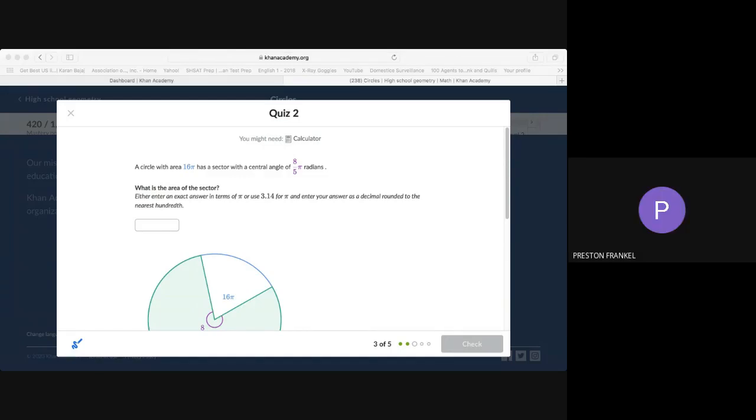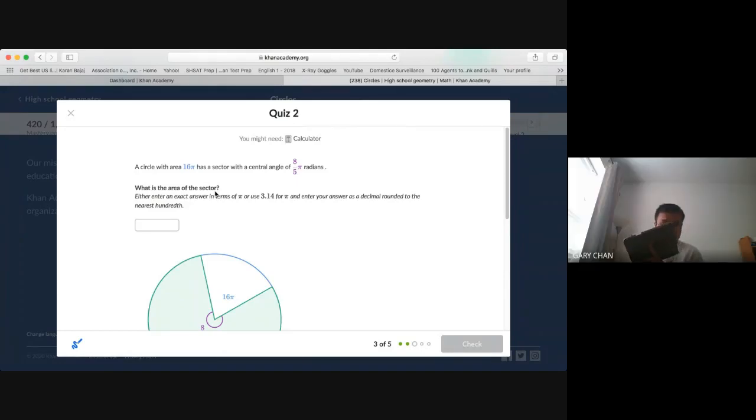Well, since we're finding an area of a sector, we should probably use box 4. Box 4. I love that. Because you can set up a proportion and then find the area of the sector that way. So you're going to set up the proportion. You're going to write, well, 8/5 pi.